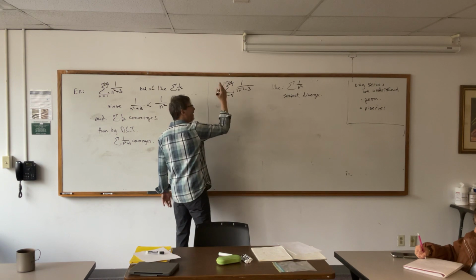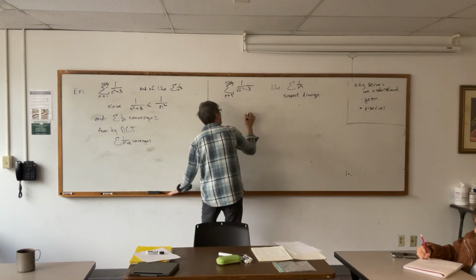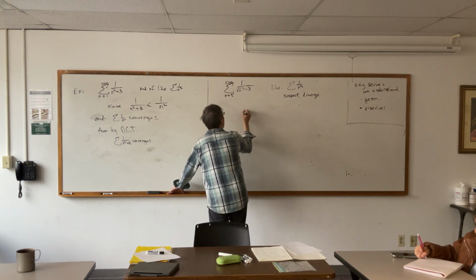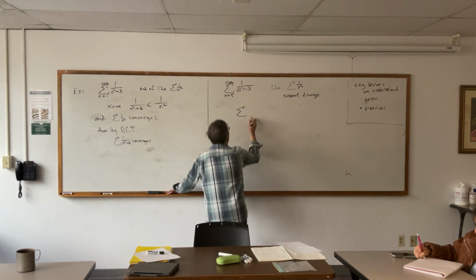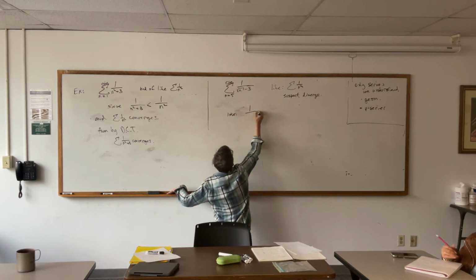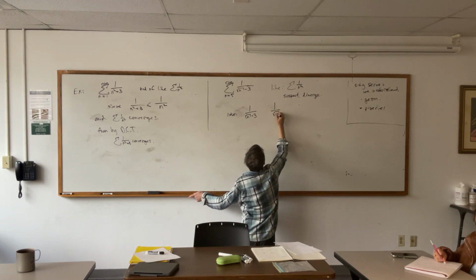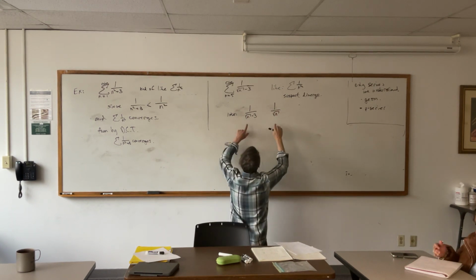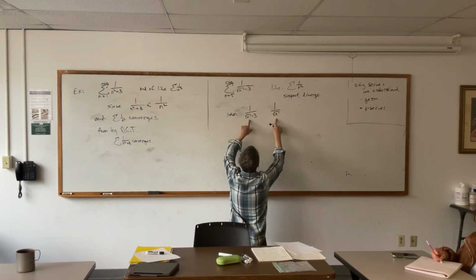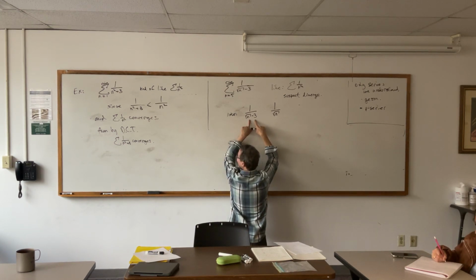Nth term test isn't going to work, or the divergence test isn't going to work on this. So there's only one way to do this. So notice that 1 over the square root of n minus 3 versus 1 over the square root of n. Which one of these is bigger? The left or the right? The right, yeah, because here you're making the denominator smaller, right?